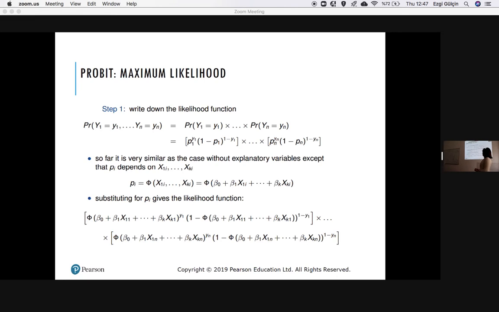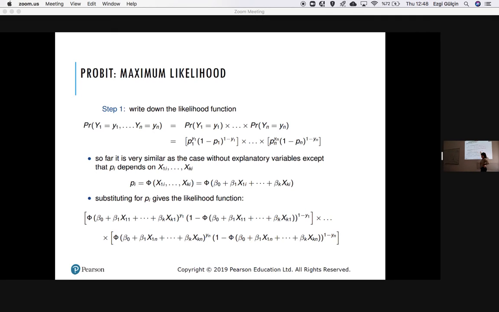Okay, so for the probit model, something changed here because we don't have IID observations anymore. So we have a dependent variable and an X variable. Let's assume that we are in the multiple regression model extension, and then the probability of each observation is not anymore P, if you remember for the Bernoulli distribution, but is given by the cumulative density function evaluated at these values here.